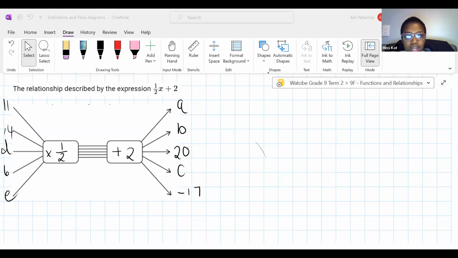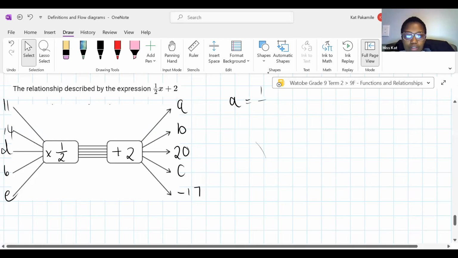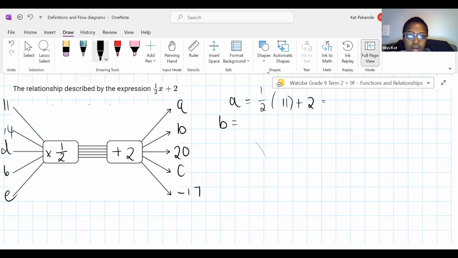A is going to be a half times 11 plus 2. B is going to be a half times 14 plus 2. Where's C? Oh, it's down there. It's going to be a half times 6 plus 2.